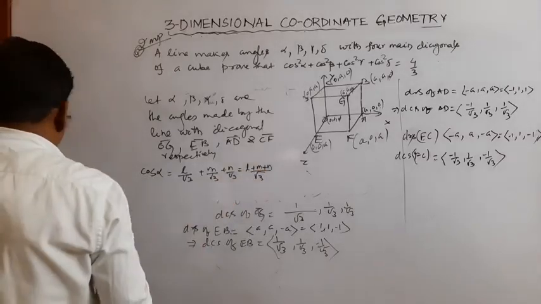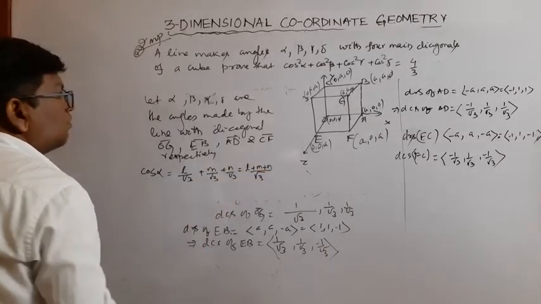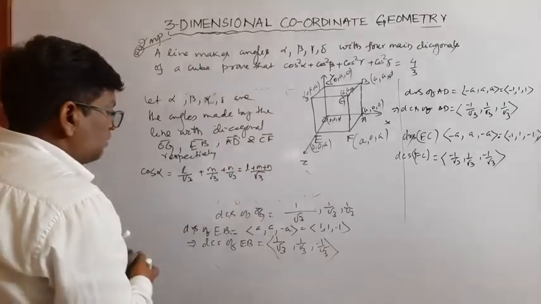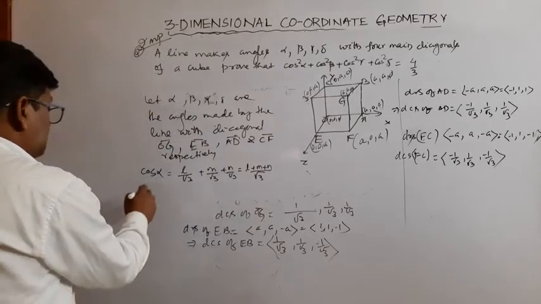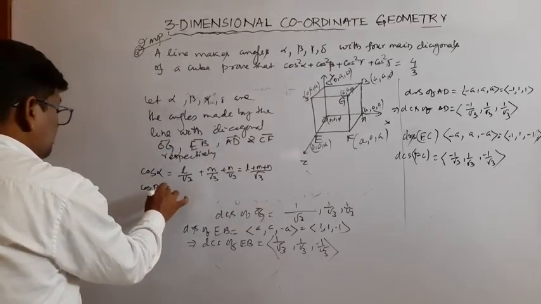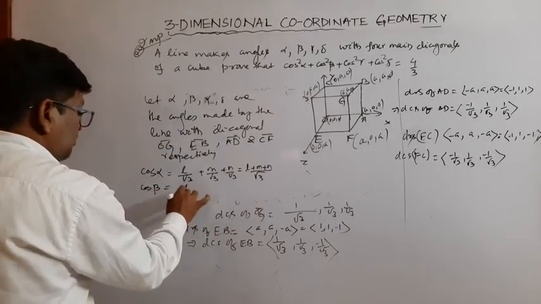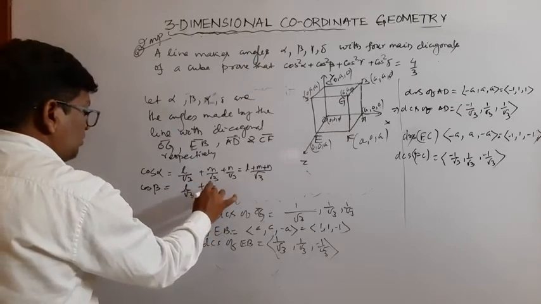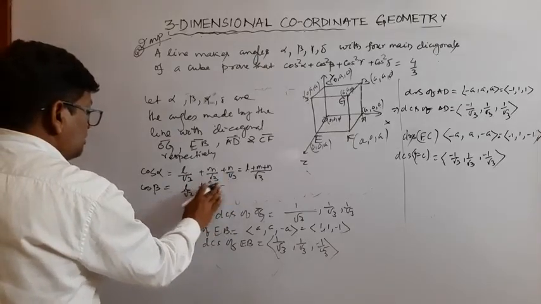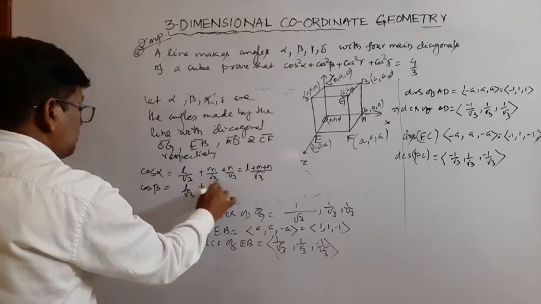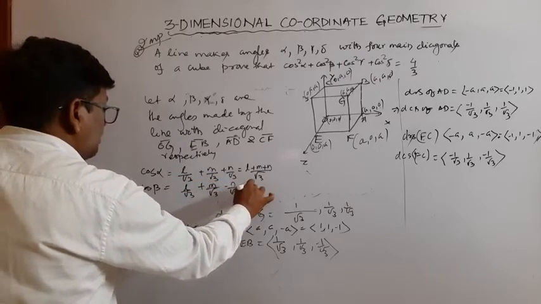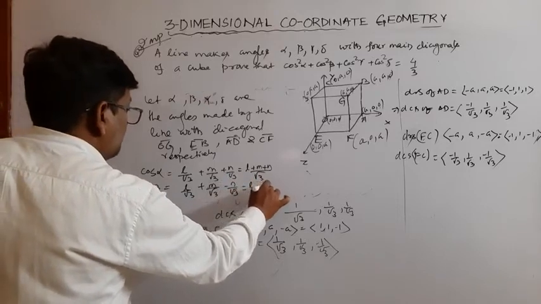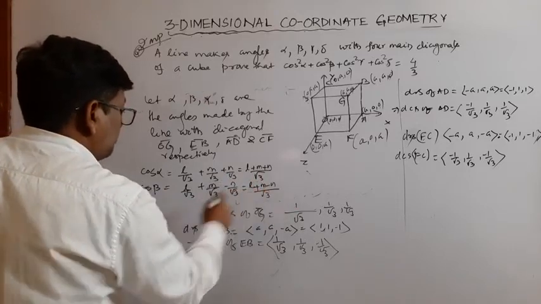Similarly cos beta is equal to L by root 3 plus M by root 3 minus N by root 3, that is L plus M minus N by root 3.